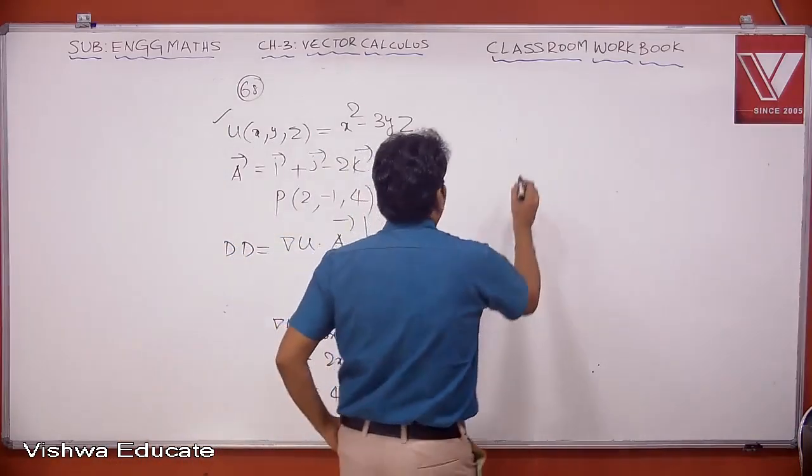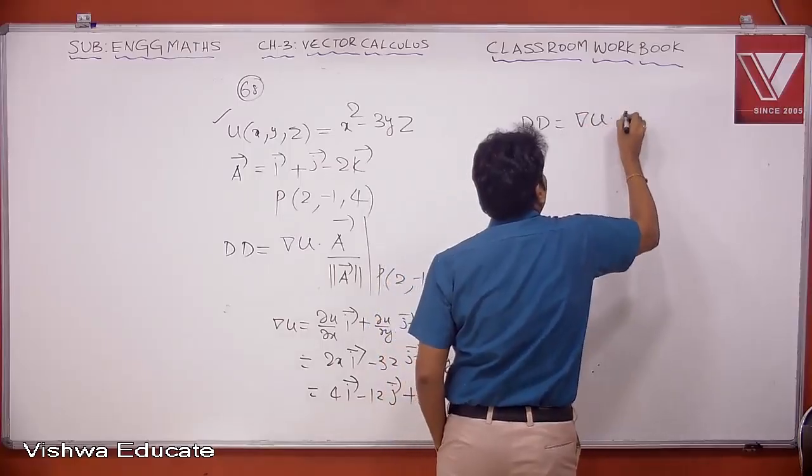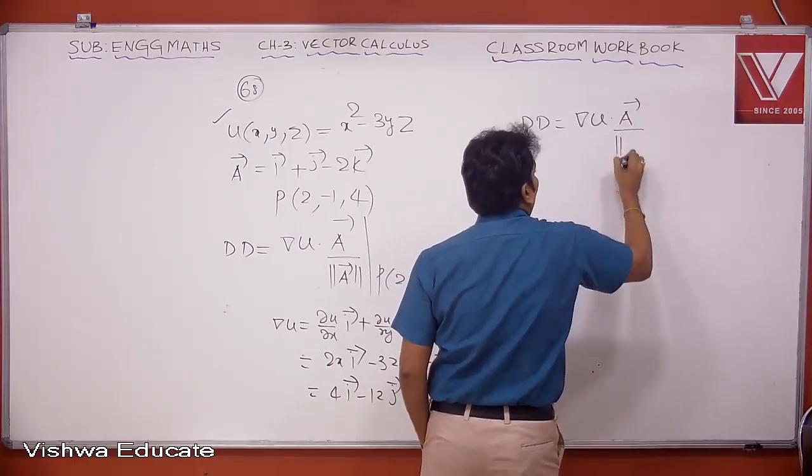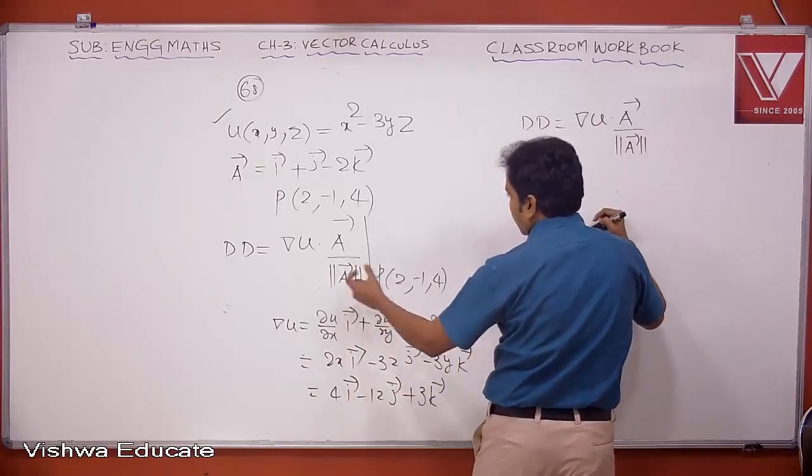Therefore our required directional derivative is del u dot a bar by norm a bar at the point P. Already the point is replaced.